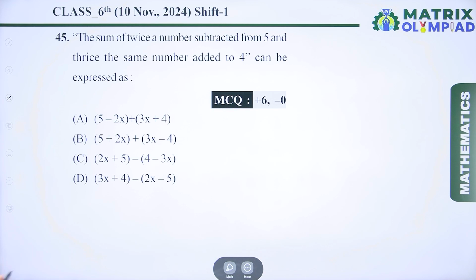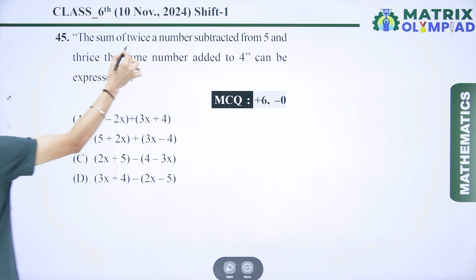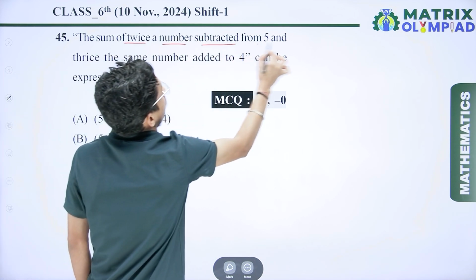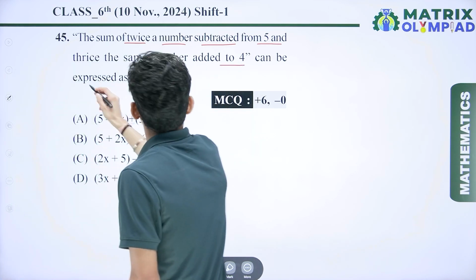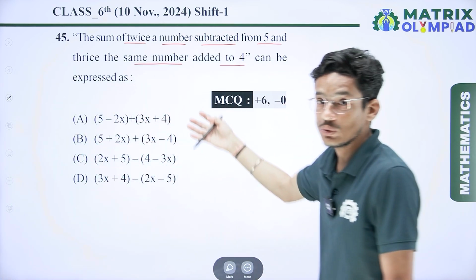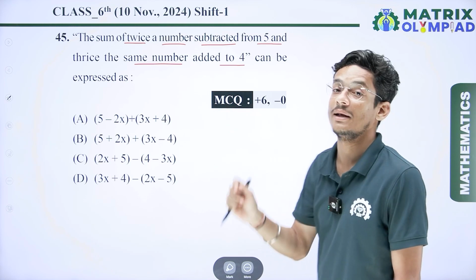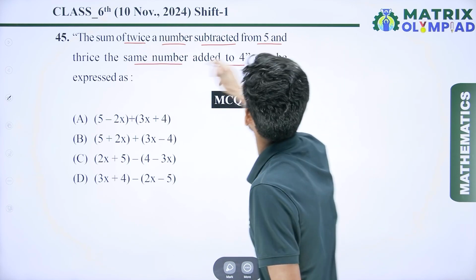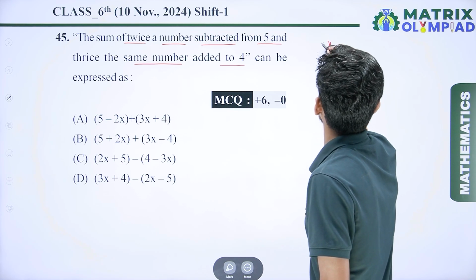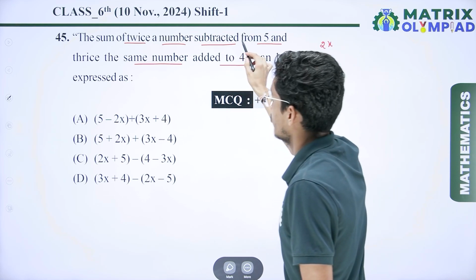So now if I talk about the next question, that is, the sum of twice a number subtracted from 5 and thrice the same number added to 4 can be expressed as. This question is a multiple correct answers question. The statement is twice a number, so let the number be x, and twice the number is 2x, subtracted from 5.